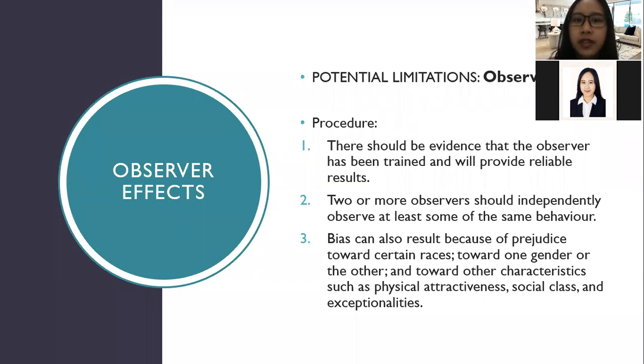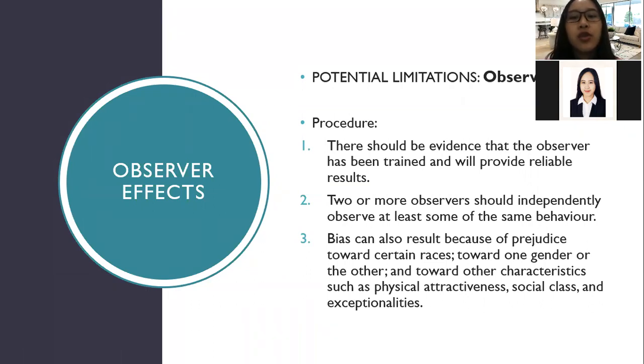And then observer effects. In reading observation research, there's a potential limitation that the reader should be aware of. The first one is observer bias. To avoid this bias, there are 3 steps of procedure. The first one is there should be evidence that the observer has been trained and will provide reliable results.